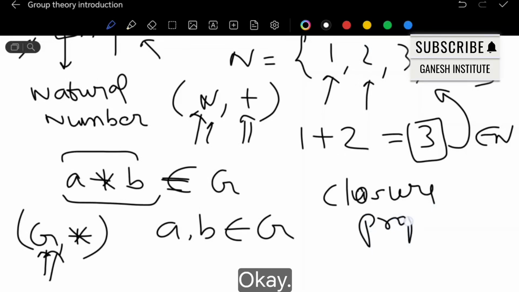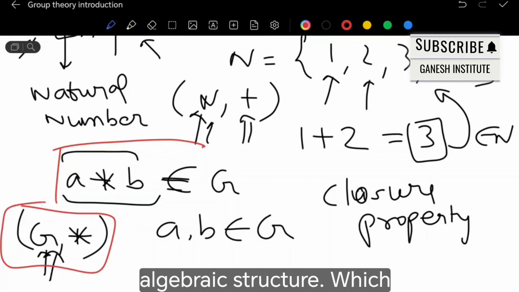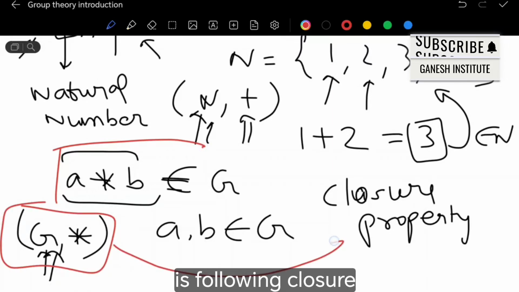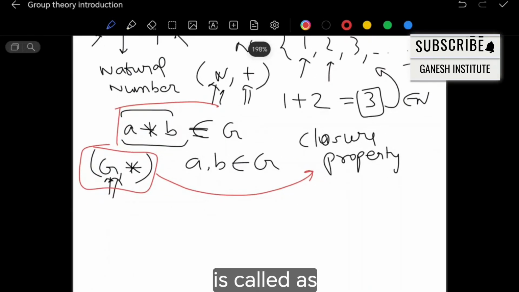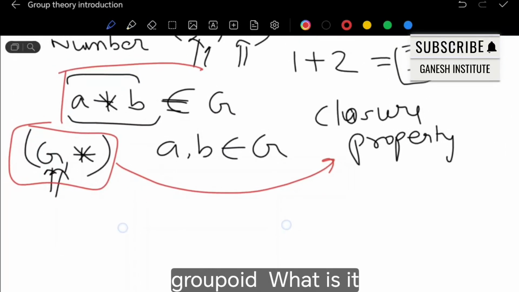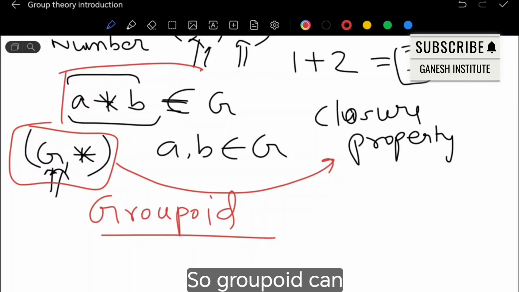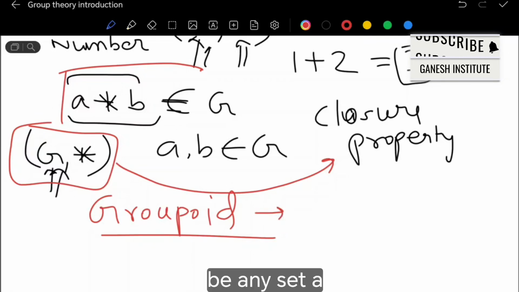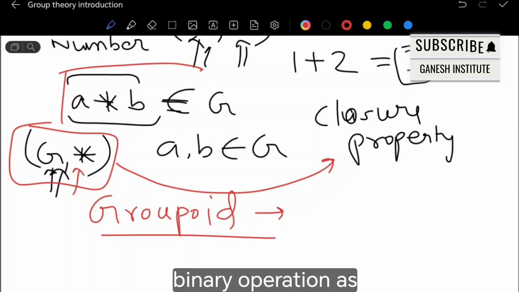Okay. Now, this algebraic structure which is following the closure property is called a groupoid. What is it called? Groupoid. So, a groupoid can be any non-empty set having the binary operation as star.